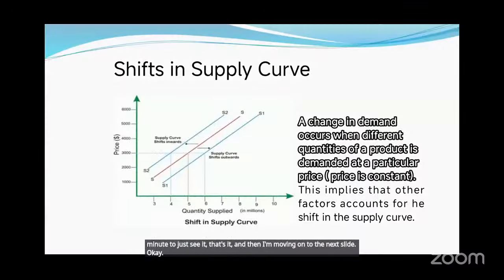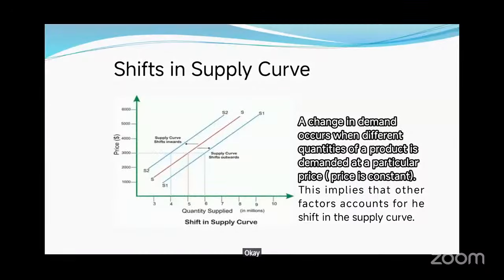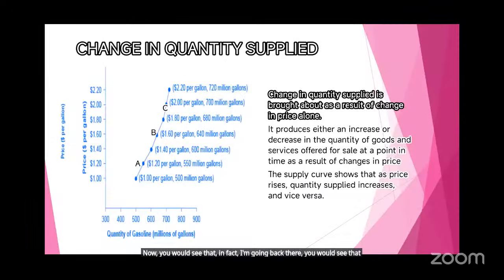Okay. So, shift in the supply curve. You will see that movement along the supply curve is either movement upwards or movement downwards. The change is a movement along the supply curve.